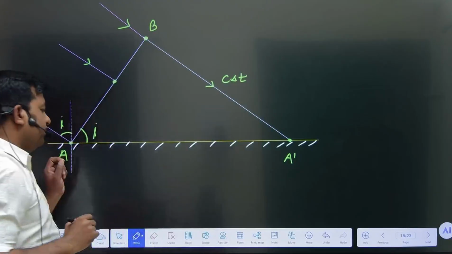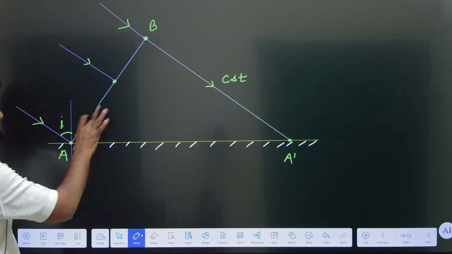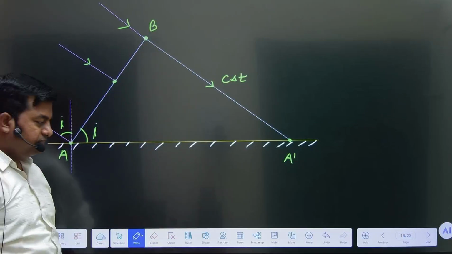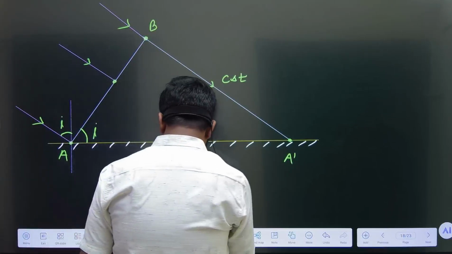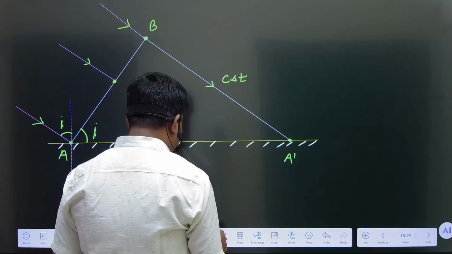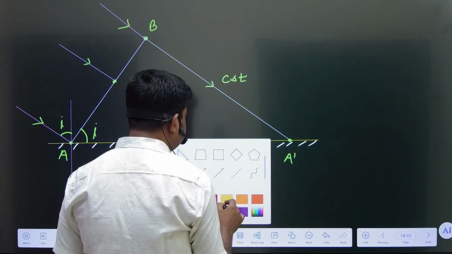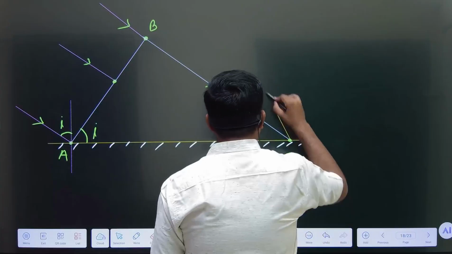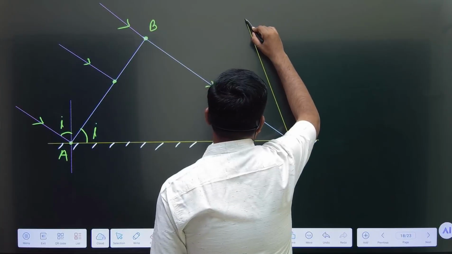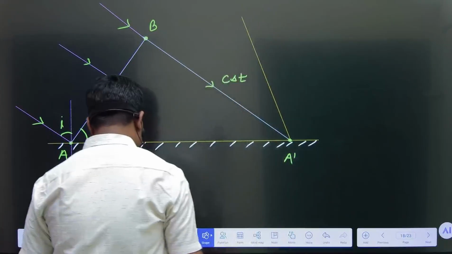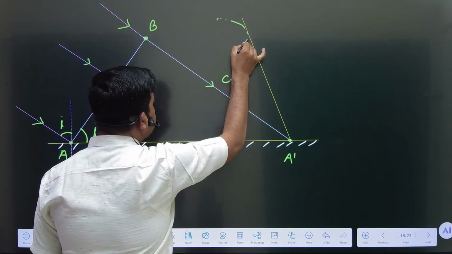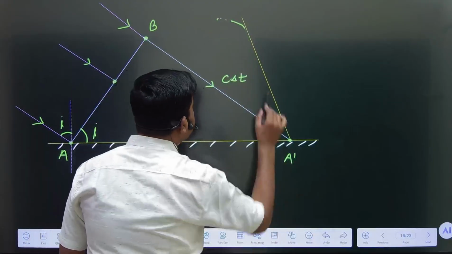So taking A as a center and C delta T as a radius, we draw an arc. After drawing the arc, from point A dash we draw a tangent on this arc. Clear to you?